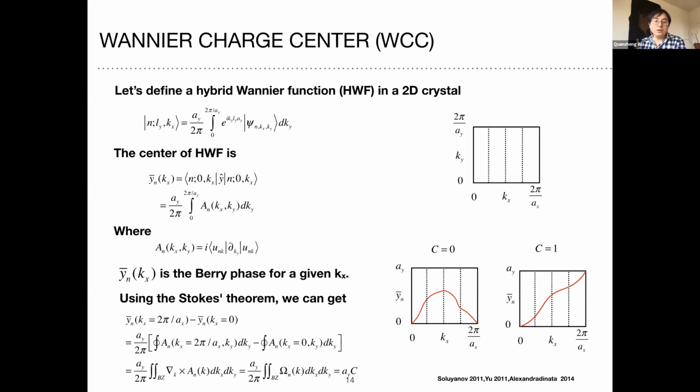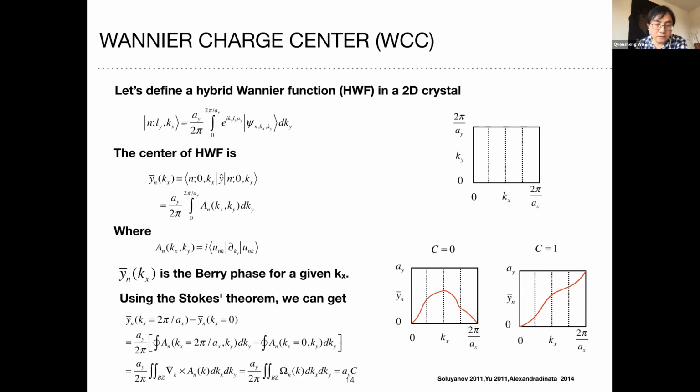So what is the use of this? We can prove that the Chern number is only related to the value at the starting point and the end point. For example, here the Chern number is 0 because the starting point is 0 and the end point is 0. And for this case, the starting Berry phase is 0, but the end of the Wannier charge center is A1.